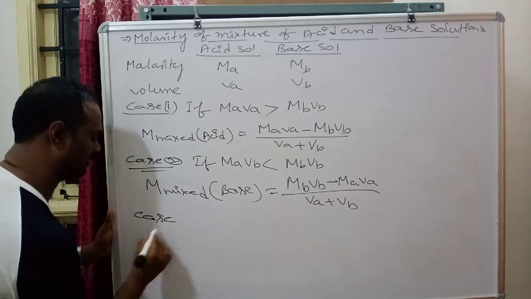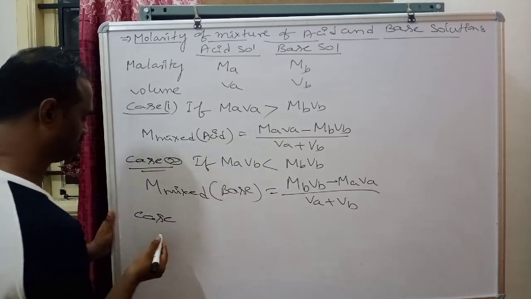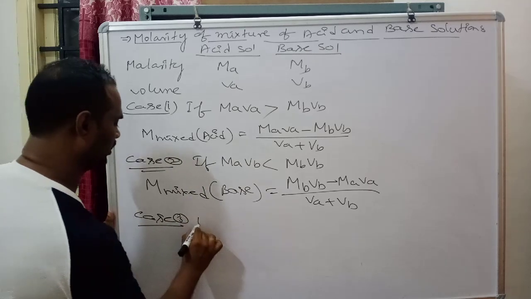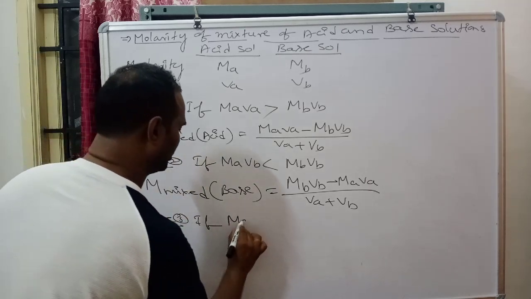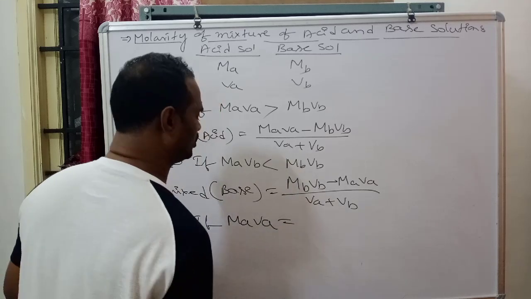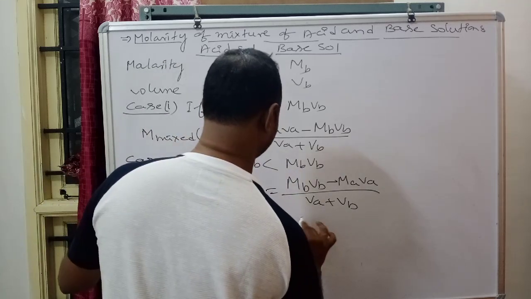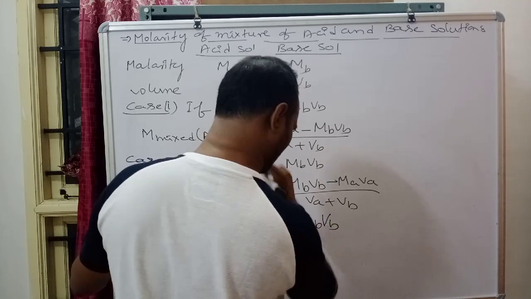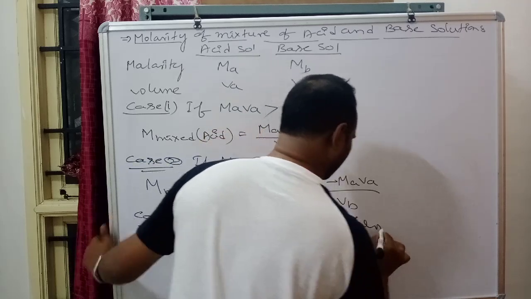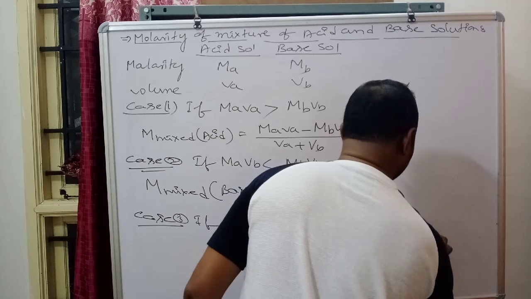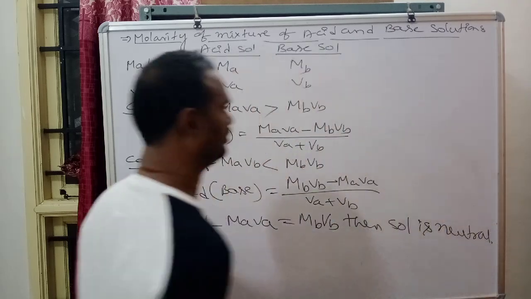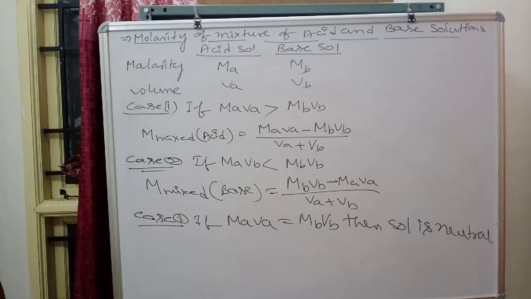And case 3, if MaVa equal to MbVb, then the solution is neutral. Solution is neutral.